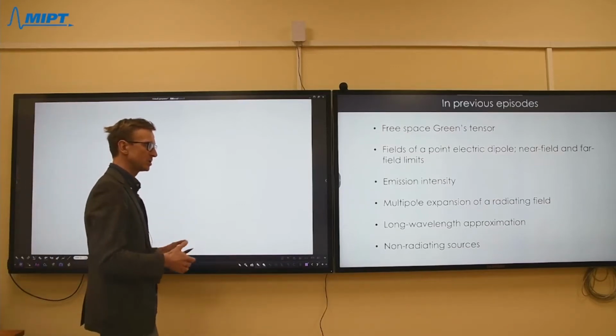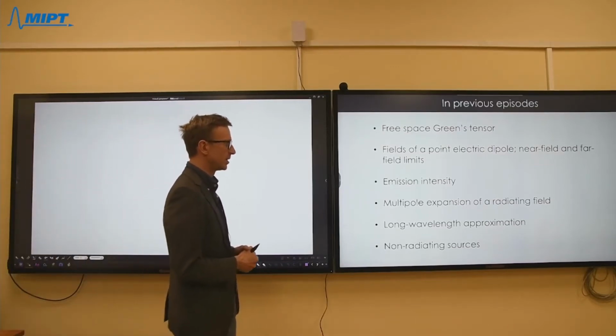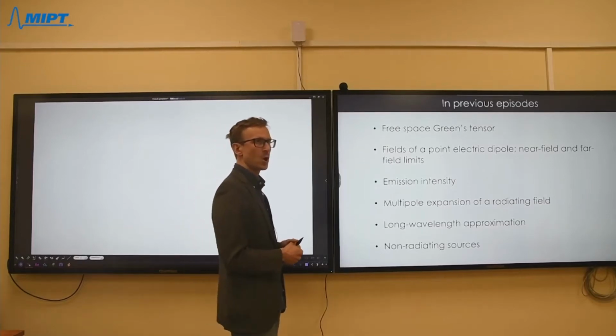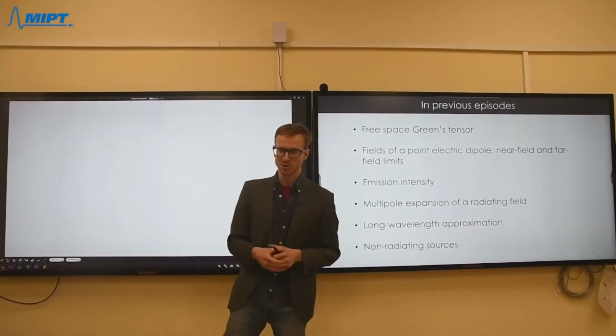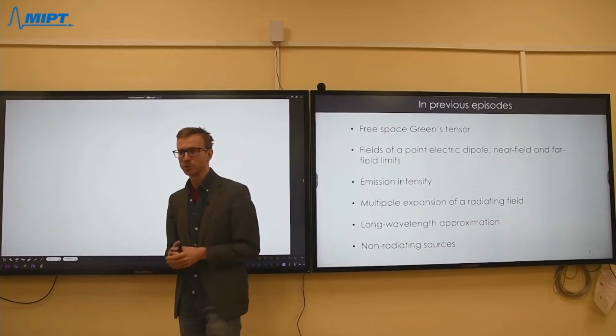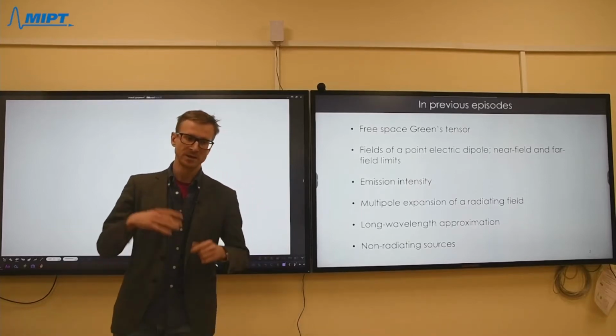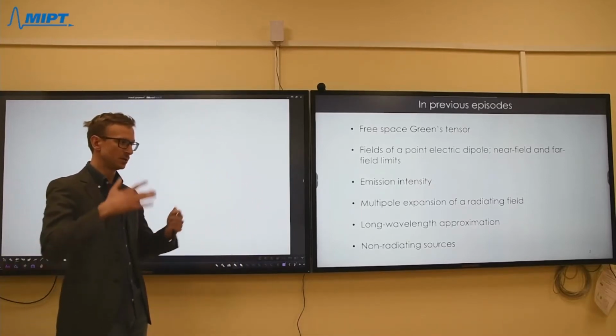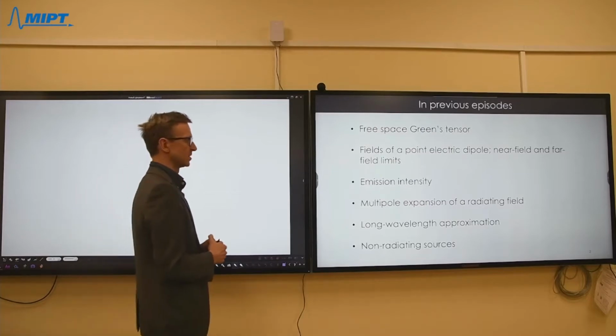And then using this multipole expansion, we described an intriguing phenomenon called non-radiating sources, where a certain non-trivial configuration of electric charges and currents does not produce any fields in the environment because of destructive interference.